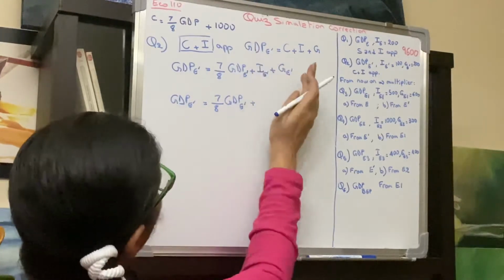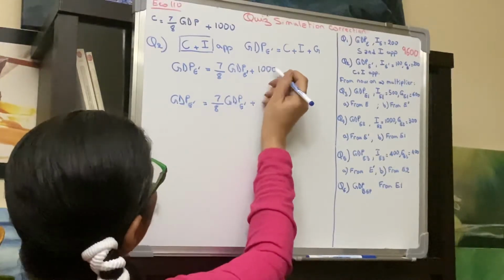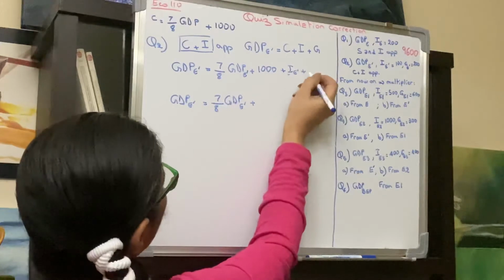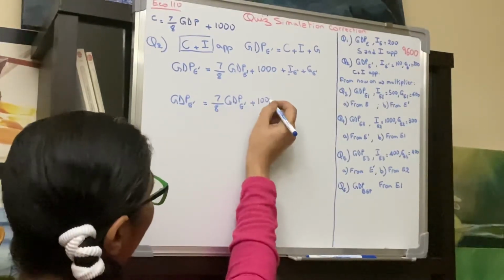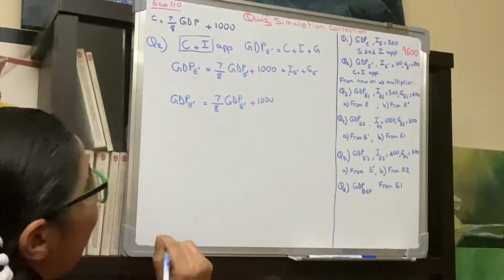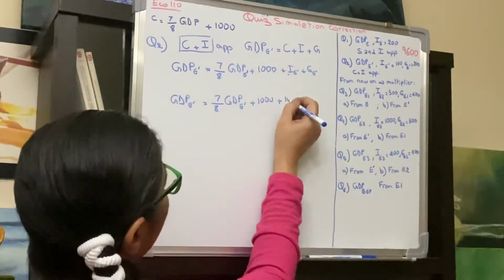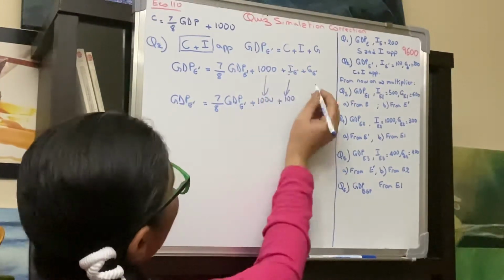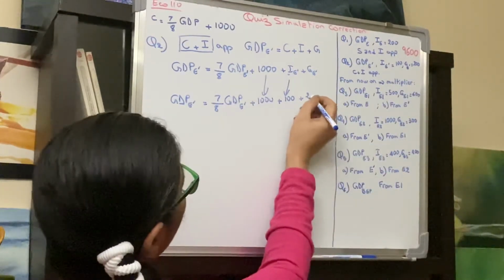I'm so sorry, I forgot the 1,000, plus 1,000 plus IE prime plus GE prime, okay? So plus 1,000 to finish my consumption function, plus IE prime 100 plus GE prime is 200.